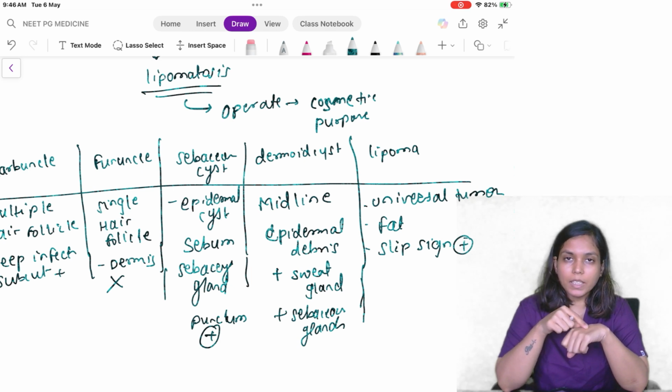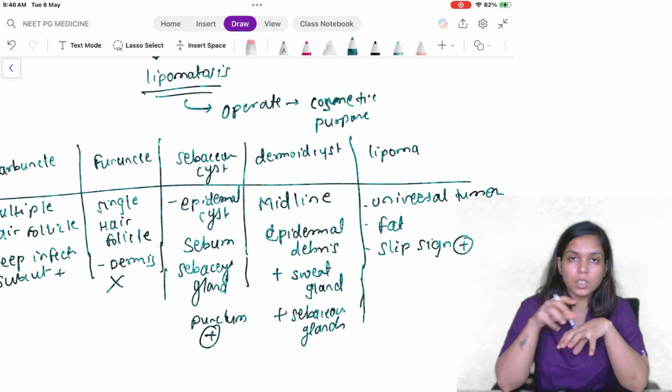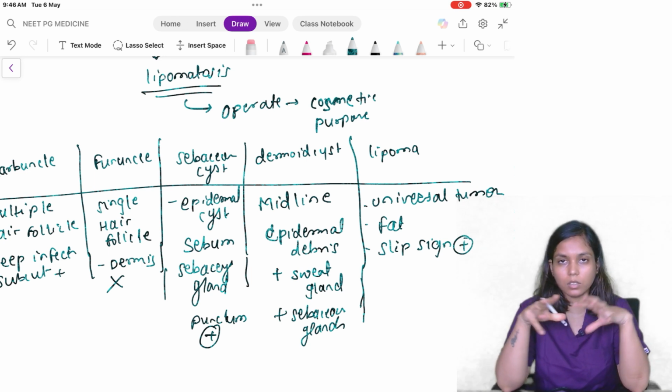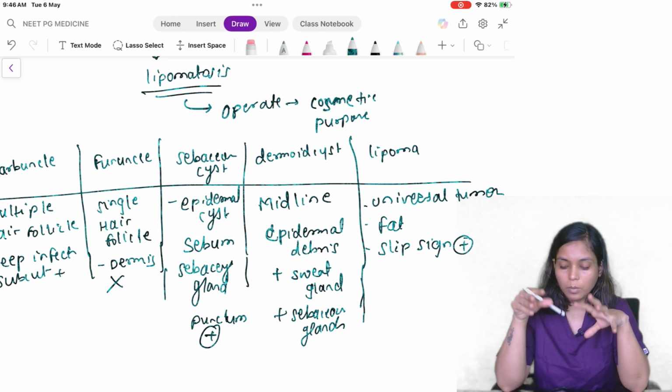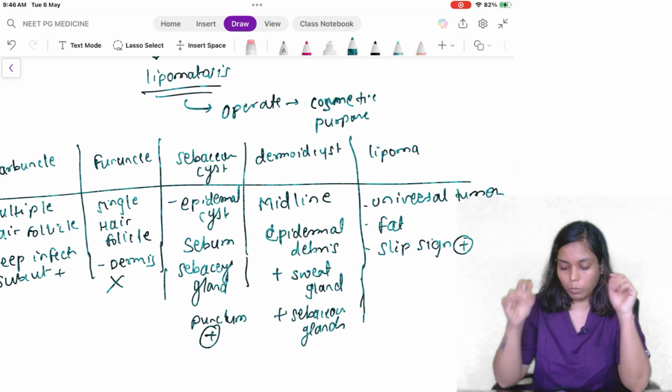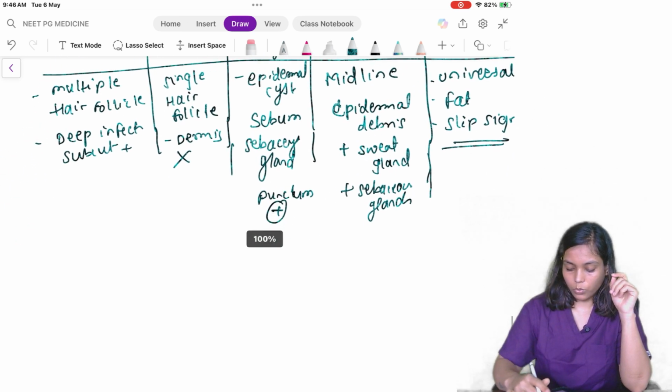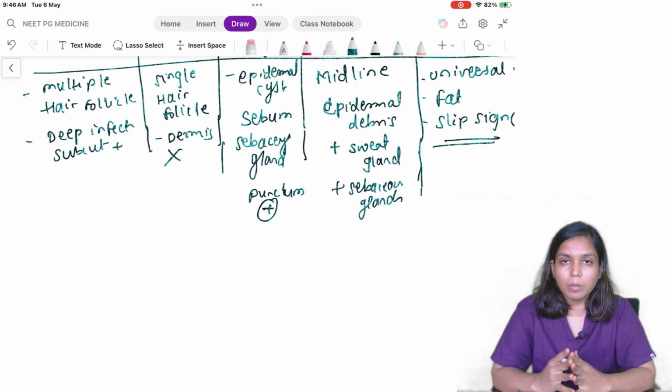Why is it present? Because the content, the fat, is in a liquid state. So the lipoma has a slip sign which is absent in all other tumors or cysts, and it is classical of lipoma. So that's all about carbuncle and its differentials. In the next topic we will discuss burns.